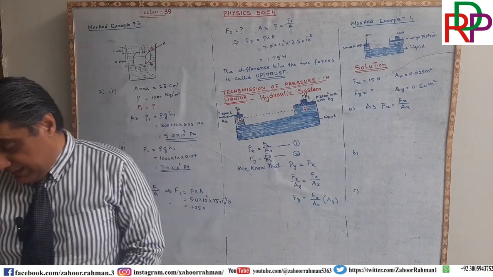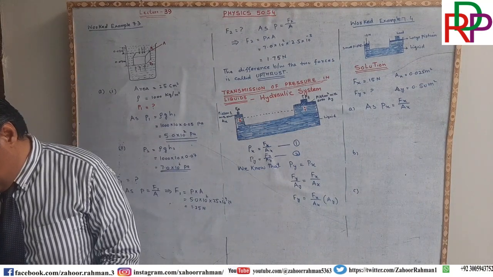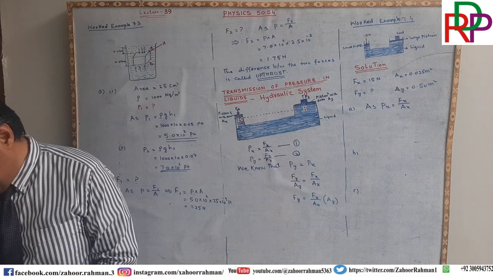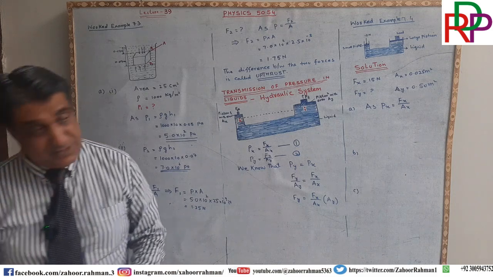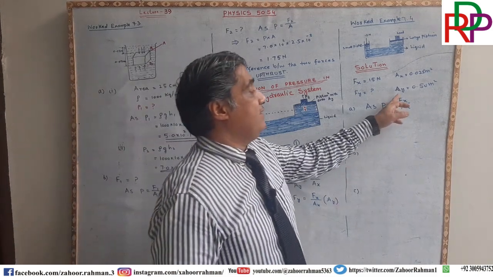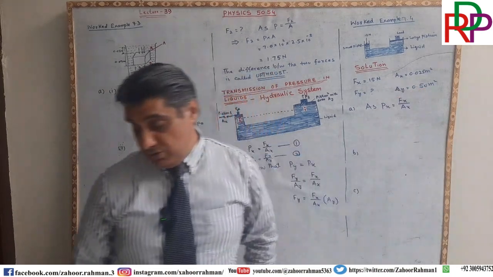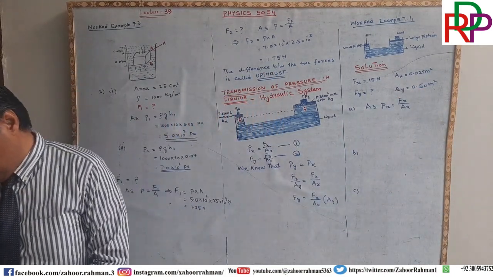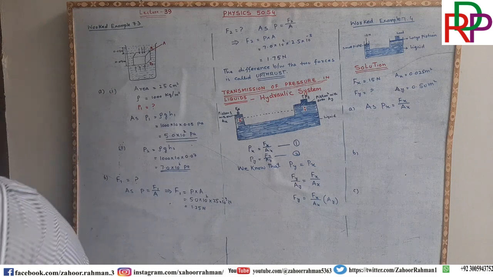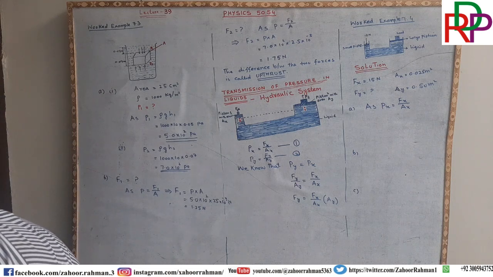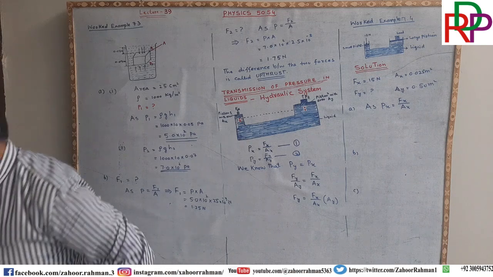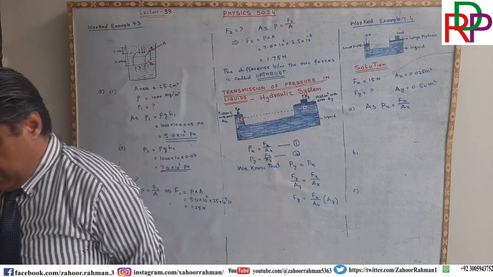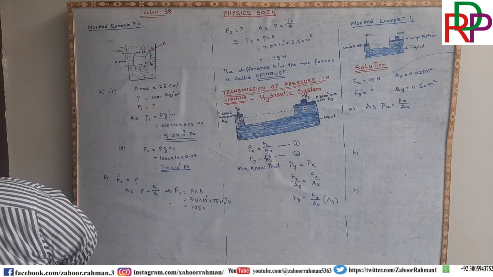And then they are saying that the large piston has an area of 0.50 meter square.